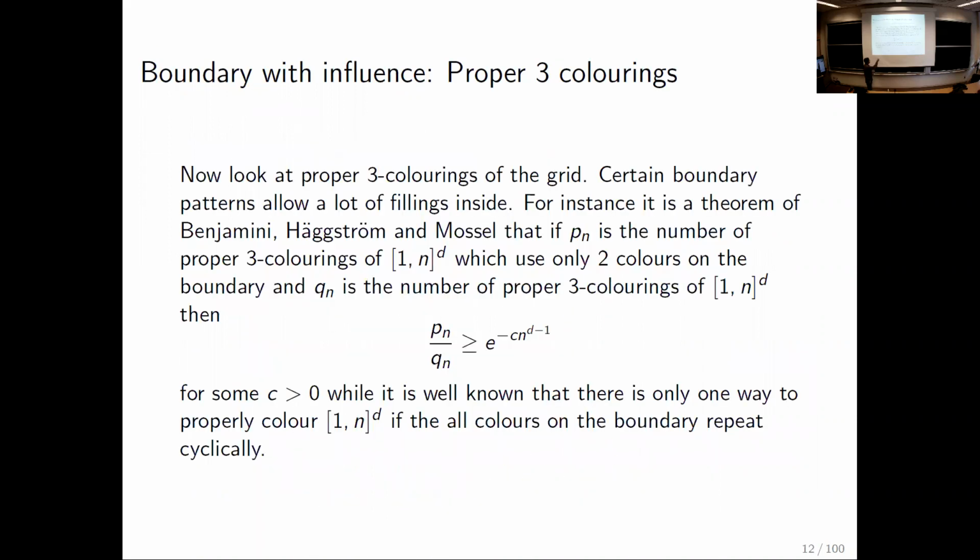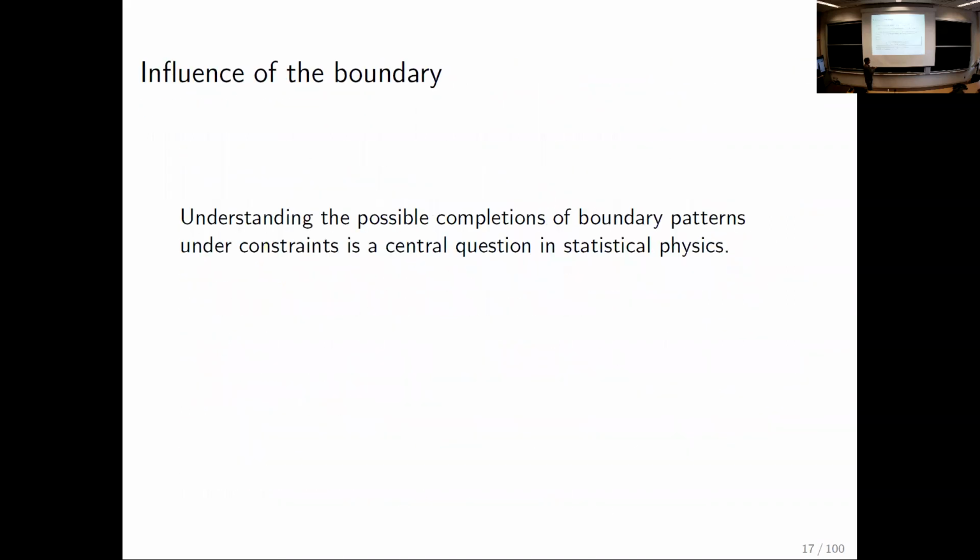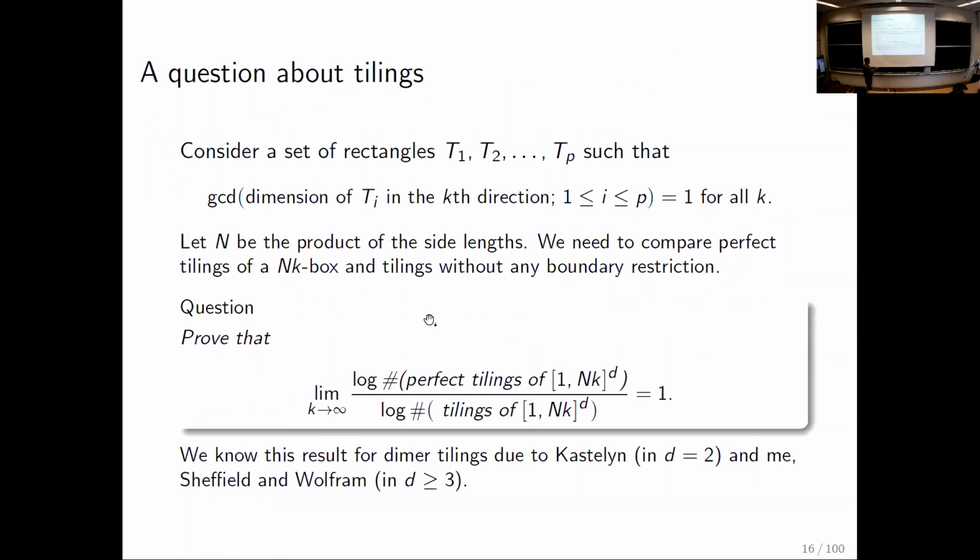If you just take the logarithm and take the limit as n goes to infinity, it will turn out to be this. So I want to say that the effect is not large.